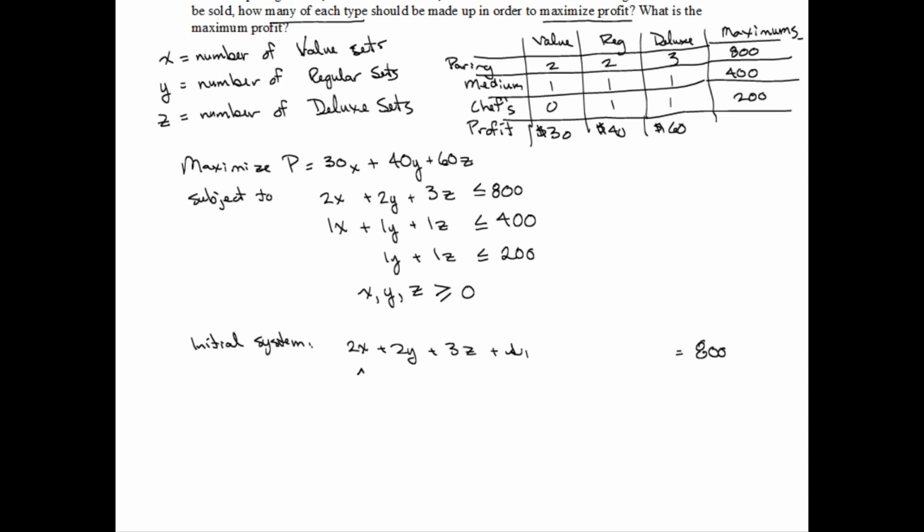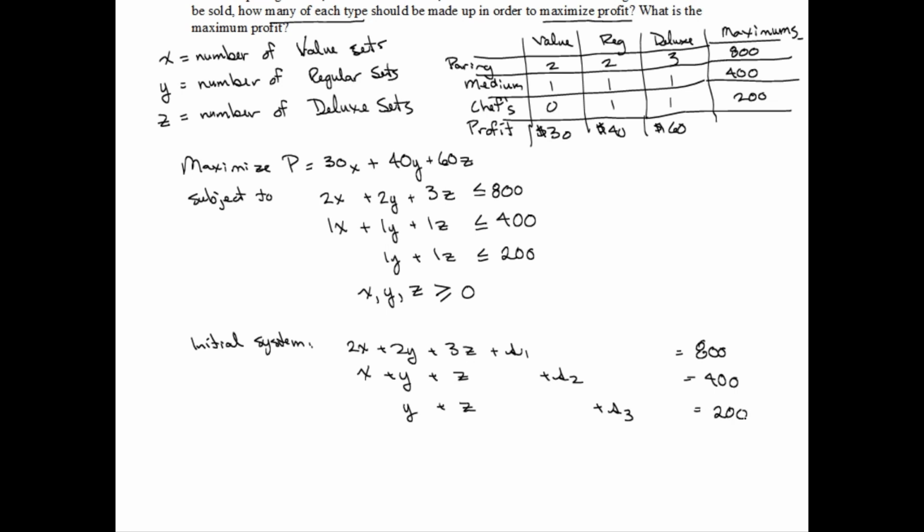Move to my second constraint, x plus y plus z plus s2, slack variable number 2, is equal to 400. Third constraint, y plus z plus my third slack variable s3 is equal to 200.